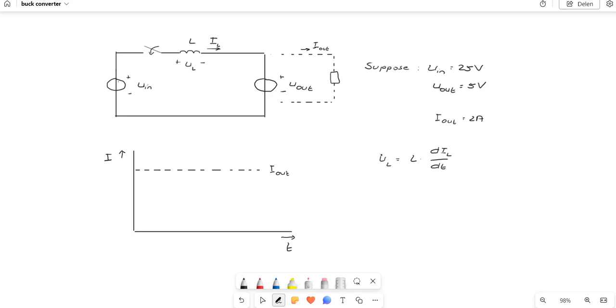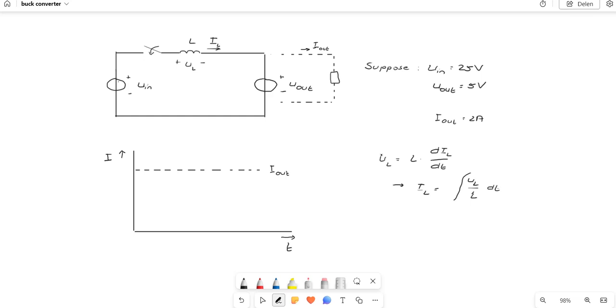Okay, so UL is a constant voltage, because the voltage UL is U in minus U out. So we can put that in another way. We can also say IL, the current through that inductor, is equal to UL over L, integrated with respect to time.